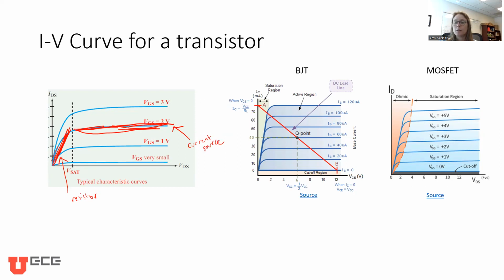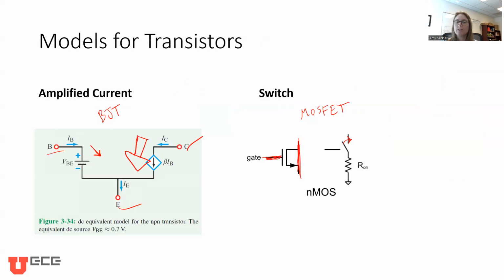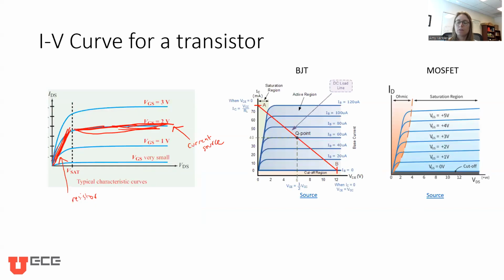Well, that's really interesting because on the last page, I had one that was acting like a resistor, and I had another model that was acting like a current source. And that's indeed what we see here. So if I'm working with a BJT as a current amplifier, I'm working in this region right here.